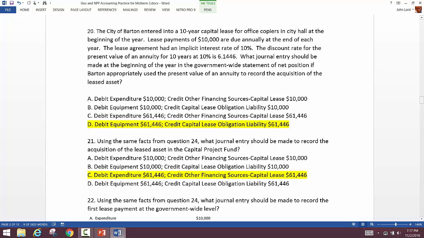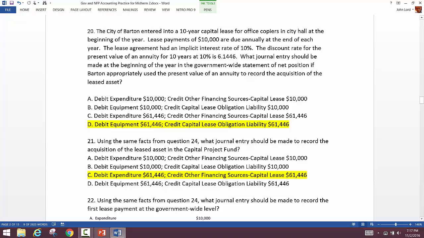The discount rate for the present value of an annuity for 10 years at 10% is 6.1446. What journal entry should be made at the beginning of the year in the government-wide statement of net position if Barton appropriately used the present value of the annuity to record the acquisition of the leased asset?